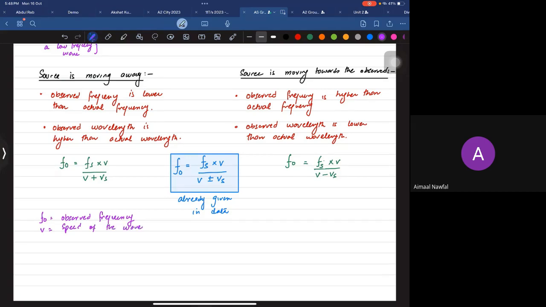Whatever the wave is, if it's light, you put the speed of light; if it's sound, you put the speed of sound. Vs is the speed of source, and Fs is the frequency of the actual wave. Do you guys understand that?